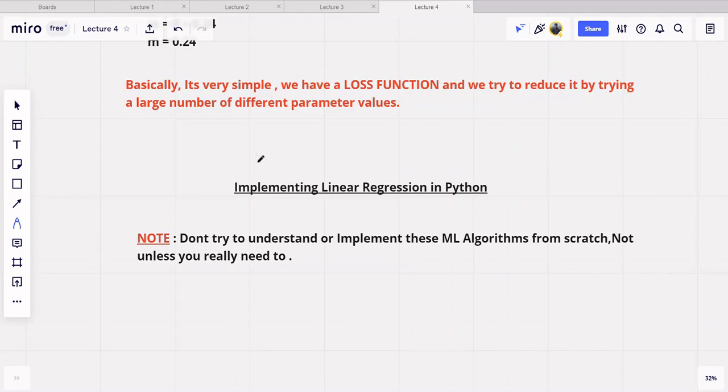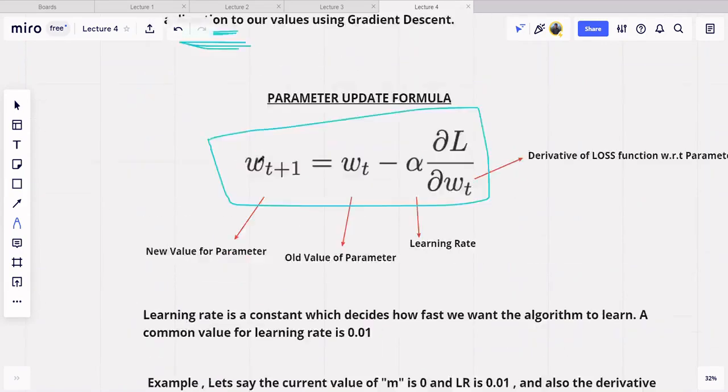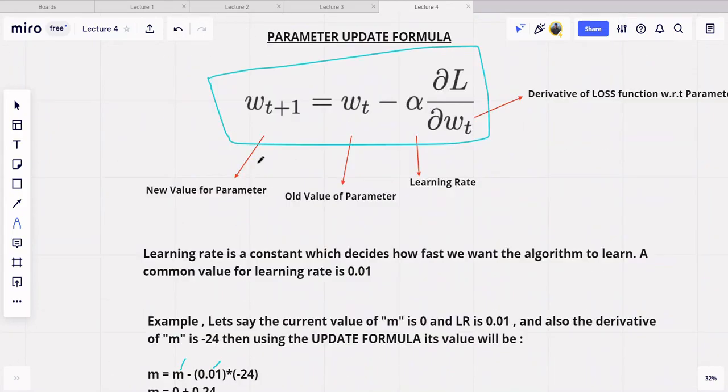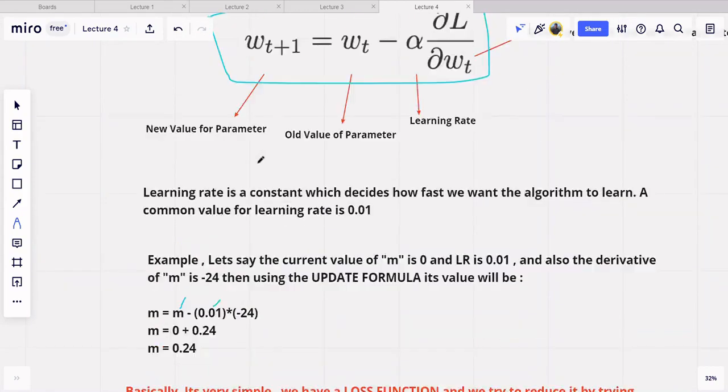Now what we'll do is we will start with linear regression in Python. Okay, I will show you how we can implement simple linear regression in Python. So yeah, before we go, let me also explain how we even find the line here.